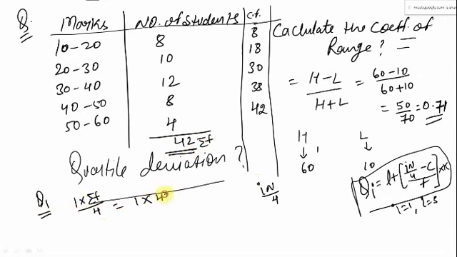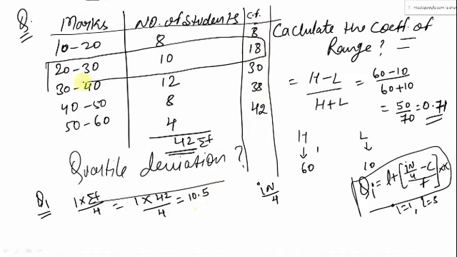So 42 divided by 4 is 10.5. Now I need to check the CF which is either equal to or just greater than 10.5. I don't have any CF equal to 10.5, but just greater than this I am getting 18. So because of this 18, this is my quartile 1 class.